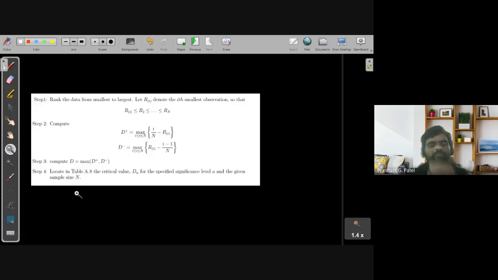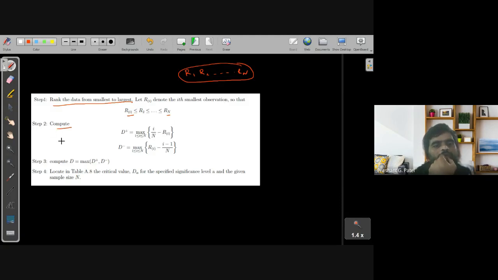Step 1 is to rank all the data from smallest to largest. That is the first thing you have to do. That means whenever you generate random numbers R1 to Rn, you have to rank them from smallest to largest. That is step 1.